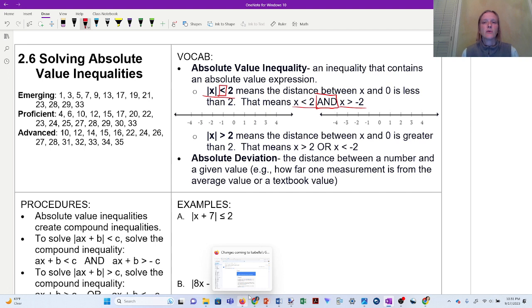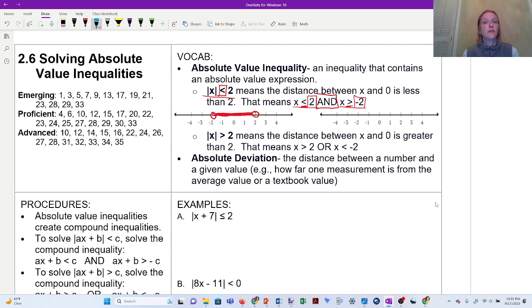So if you look at what we're doing, we are not only setting our inequality to a different value, positive 2 versus negative 2, but we're also changing the inequality sign. x is less than 2 and x is greater than negative 2, this is what the solution to the absolute value of x is less than 2 looks like.